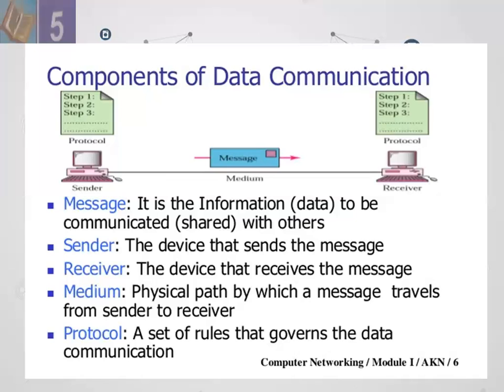The data received from the transmission medium may not be in proper form to be accepted by the receiver, and it must be converted to appropriate form before it is received. So receiver is a device. It can be a computer, laptop, mobile, anything. So the device which can receive the message is called receiver.